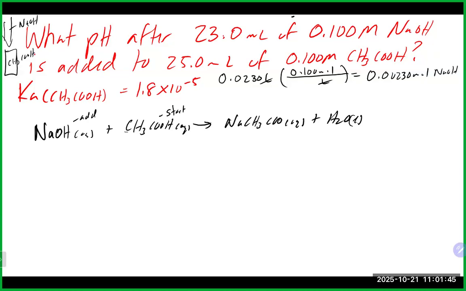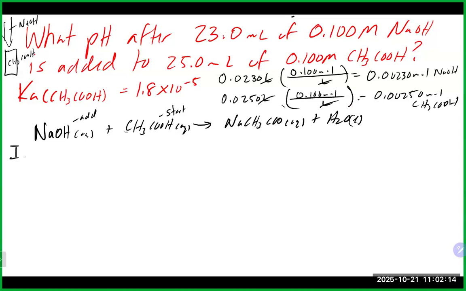Do the same thing for acetic acid, 0.025 liters times its molarity, 0.1 moles per liter. Again, the liters cancel, and that's going to get us 0.0025 moles of acetic acid. So those are our initial moles here.